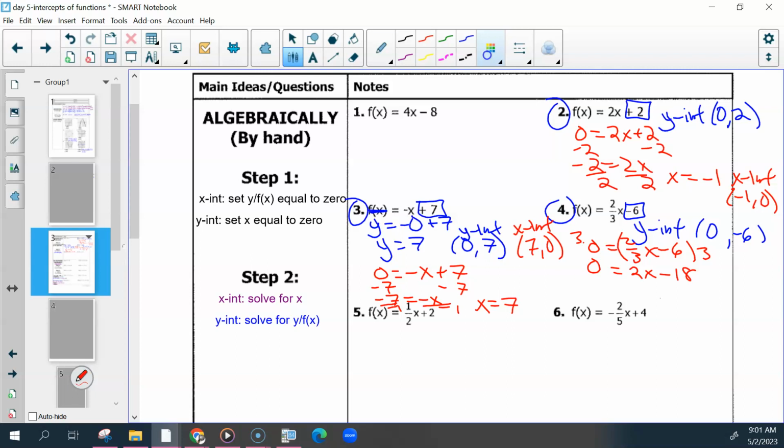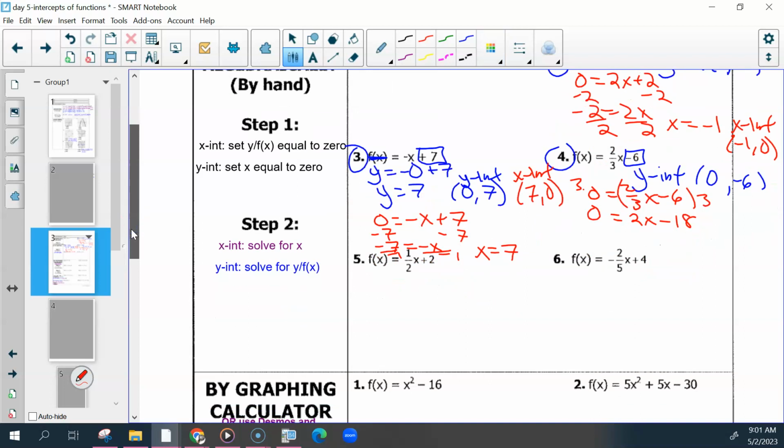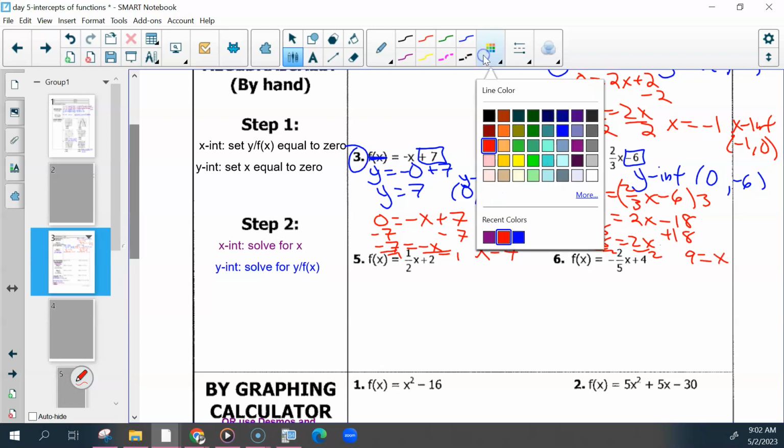So dividing, we could do that, but we could also add 18, and then divide by 2. If we divided by 2 first, we'd still have to move things. We'd just be creating an extra step. What would that ordered pair be?